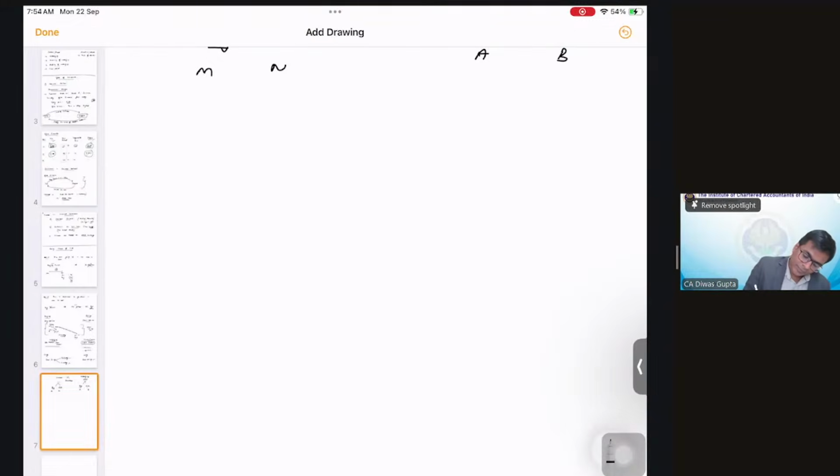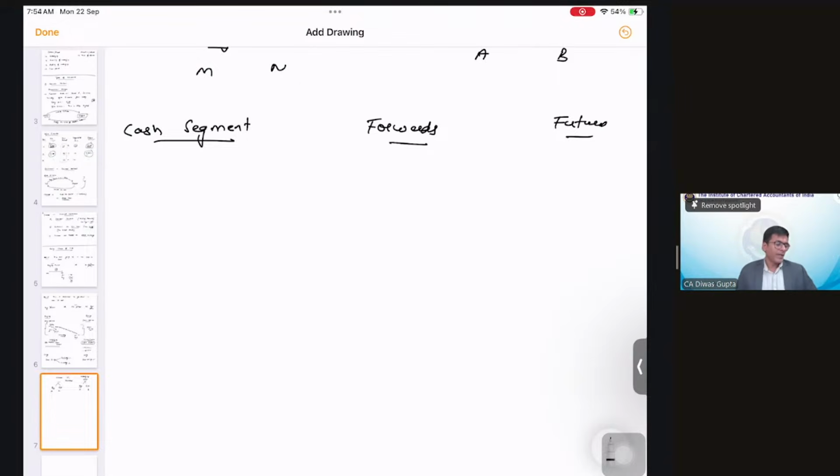Now, cash segment, forwards, futures. Okay, the cash segment is where the underlying is traded, right?